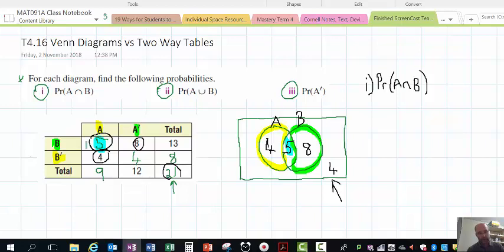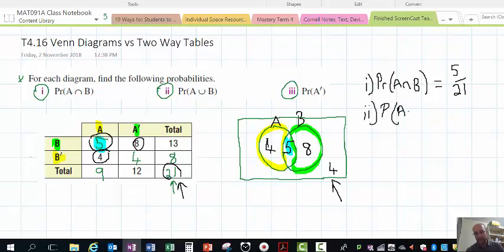If you don't want to get it from a diagram, you can get it from there. So we've got a 5, but it's a probability, remember, so it's not just the number, it's 5 out of the total. The total is 21, because the sample space is the total number of outcomes. We can't simplify that any further.